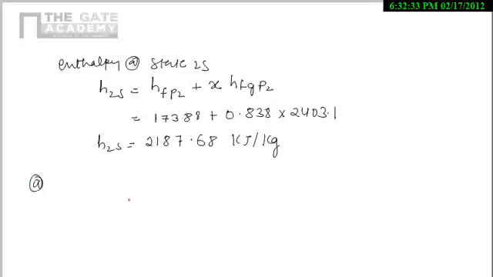Now for part A we have to calculate pump work. If you see the diagram, pump work is from 3 to 4, so for the ideal process it will be from 3 to 4s.